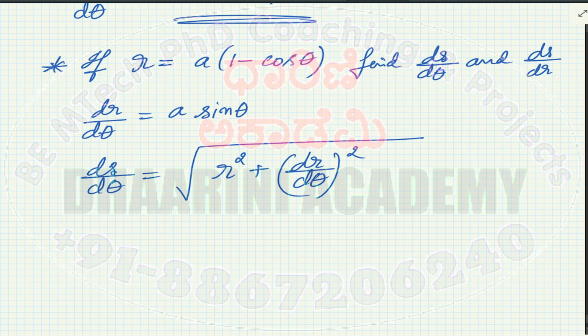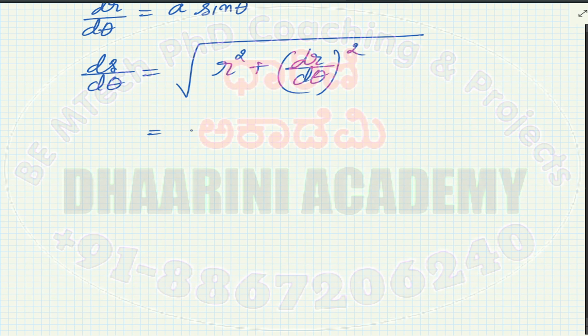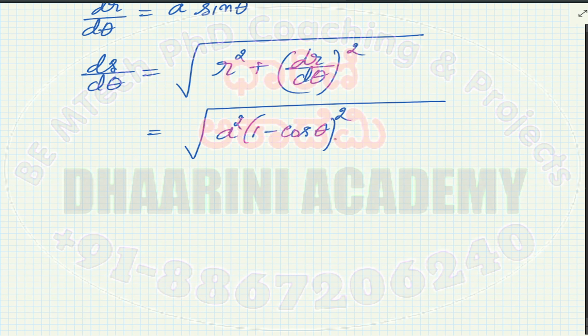I just look at the given r value. From the given equation, r is nothing but a into (1 minus cos theta). So I need r square, which is a square into (1 minus cos theta) the whole square, plus dr by d theta, which we just calculated, so this is a square sine square theta.